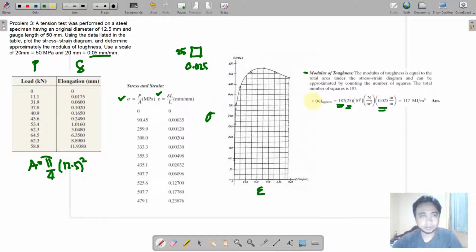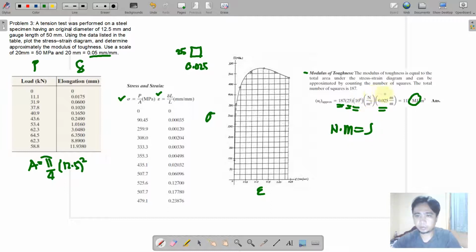So for the 25 here, we have a conversion factor equivalent to 1 million, because we need to obtain this unit. If we are going to investigate the unit, Newton meter is actually joules, 1 joule.